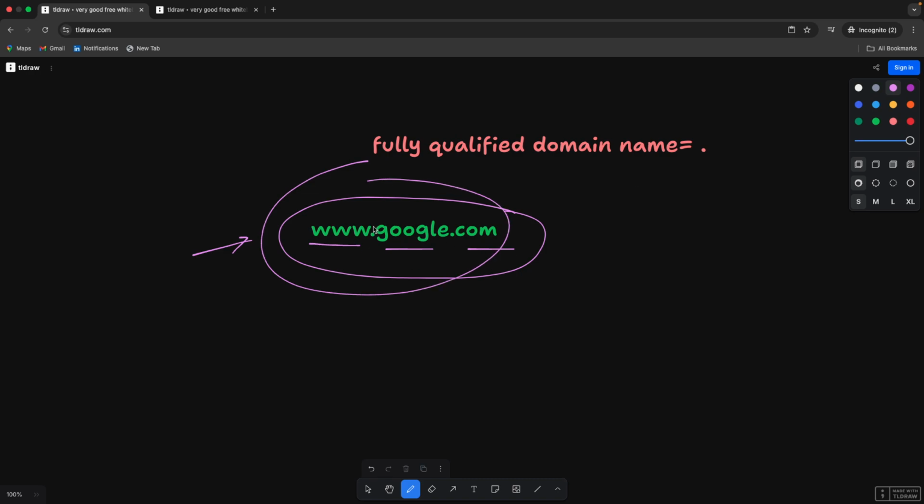But then remember, even the user is so lazy that he won't type such a big text, right? Instead, you will always type a partially qualified domain name. It is basically to enhance user convenience and limit the user from typing everything.